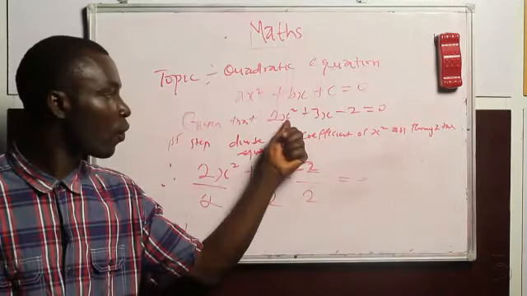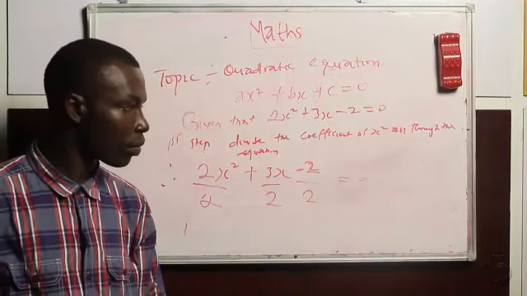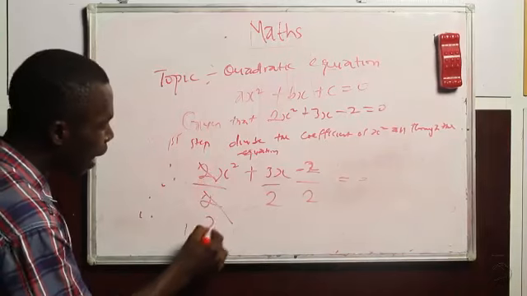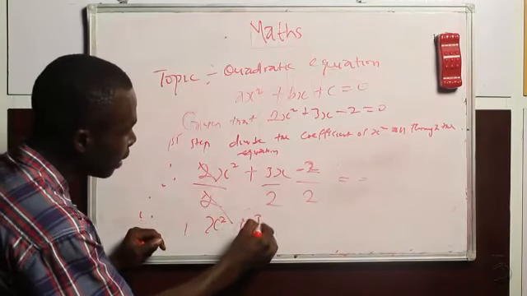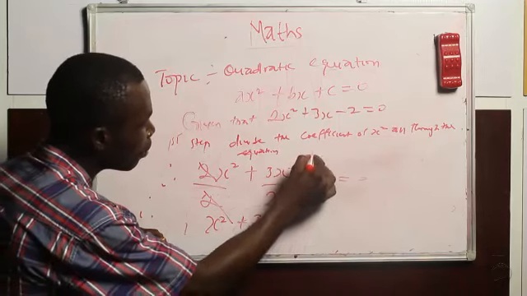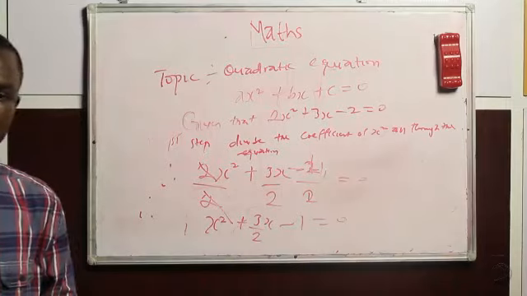The coefficient of x squared is 2. Divide 2 all through. Therefore, 2 divided by 2, we have x squared plus 3x over 2 minus 2 divided by 2, 2 here 1, 2 here 1, minus 1 equal to 0.